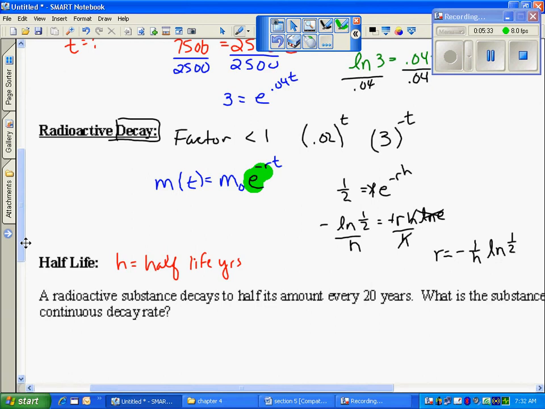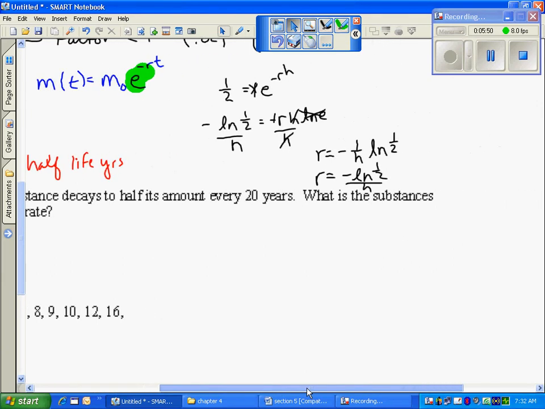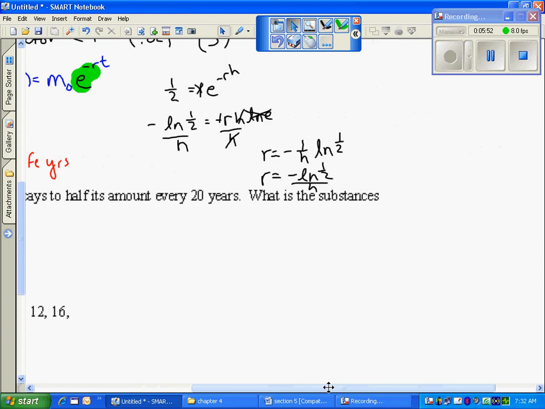And taking a look at that, I think I can simplify it just a little bit further. Rewriting this, I have negative natural log of 1/2 divided by h. So I just put that fraction together. Now when I look at this, thinking of property 3 again, this negative was really a power.